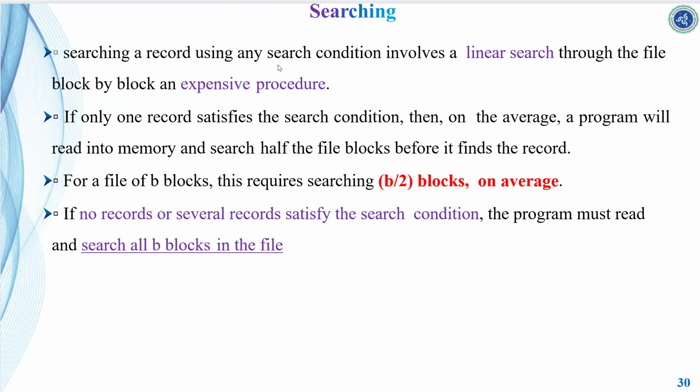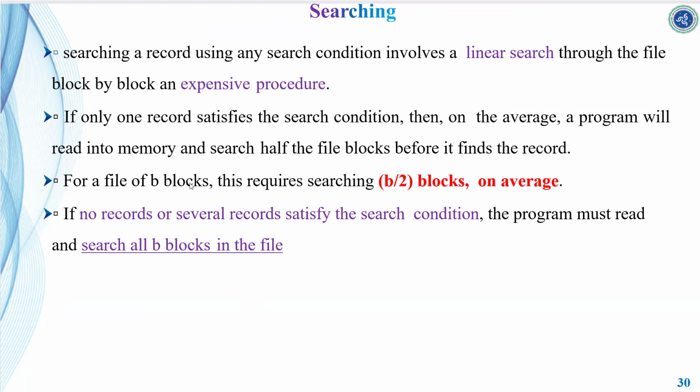Searching, how can you search for a record? A linear search is done, and the linear search is actually an expensive procedure. If we are searching for a record that satisfies a search condition, then on average the program will read into memory and search half of the file blocks before it finds the record.